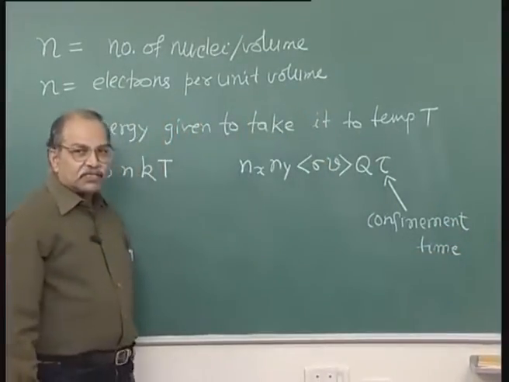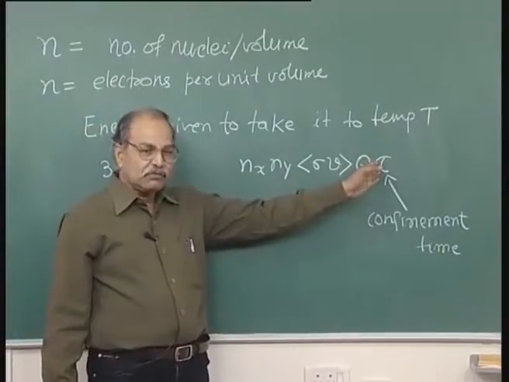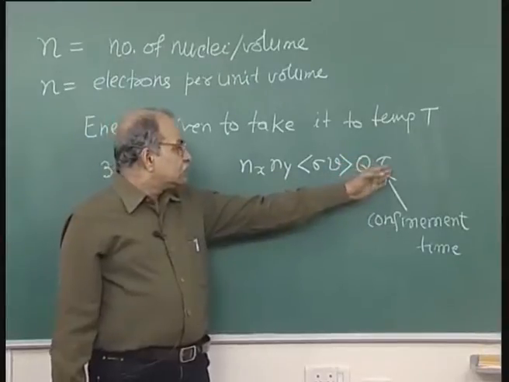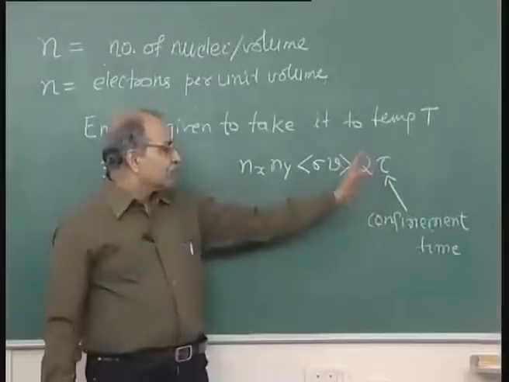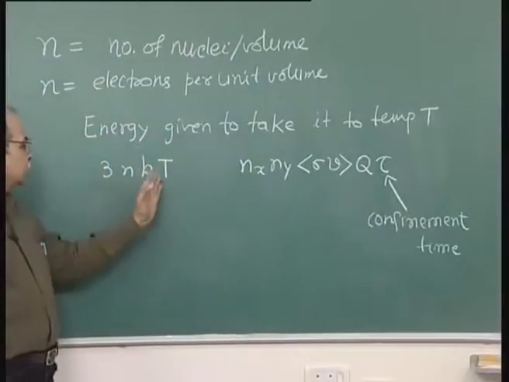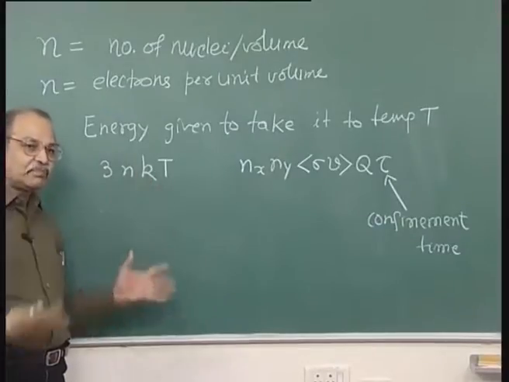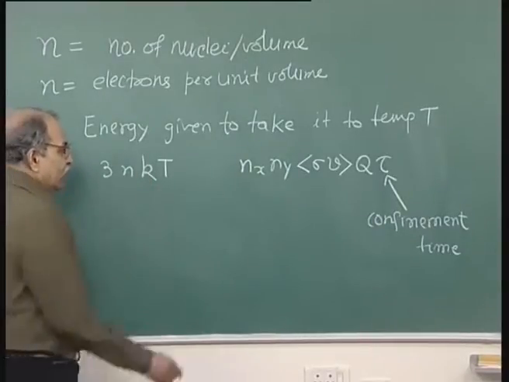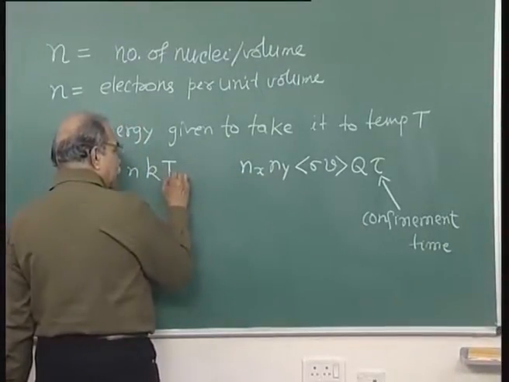So, this fusion reaction in one pulse goes for this time tau. So, this is the total energy that has been produced per unit volume, and here is the total energy that we have initially given to heat up this thing, and this should be at least equal to, this should be larger.